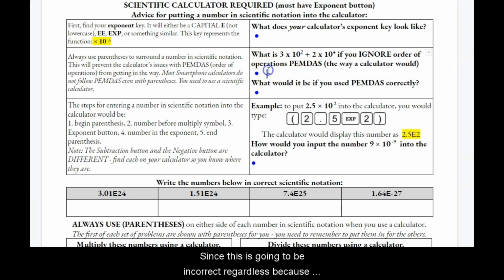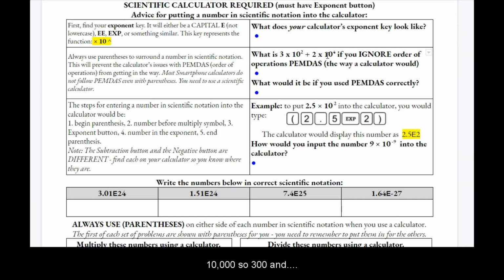Since this is going to be incorrect regardless because we're ignoring PEMDAS, I'm okay with either one. So let's just say that when we see 10 squared, we think 100. So 3 times 100 is 300, plus 2. Okay, so that's 302. And then multiplied by a 1 with 4 zeros, which is 10,000.